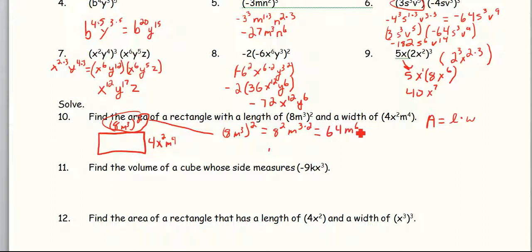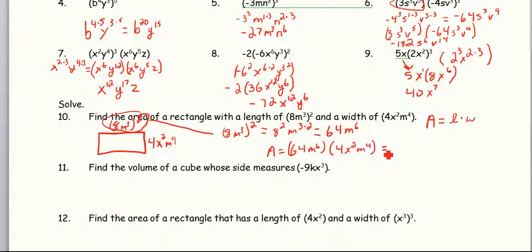So my area equals 64m to the 6th times, over here, my width, which is 4x squared m to the 4th. If I do 64 times 4, that's 256.